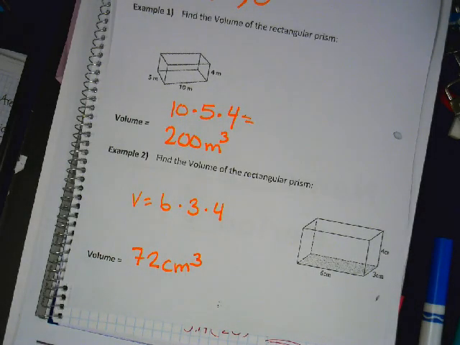Cubed, like a cube. So, volume of a rectangular prism is the easiest one because it's all just length times width times height.